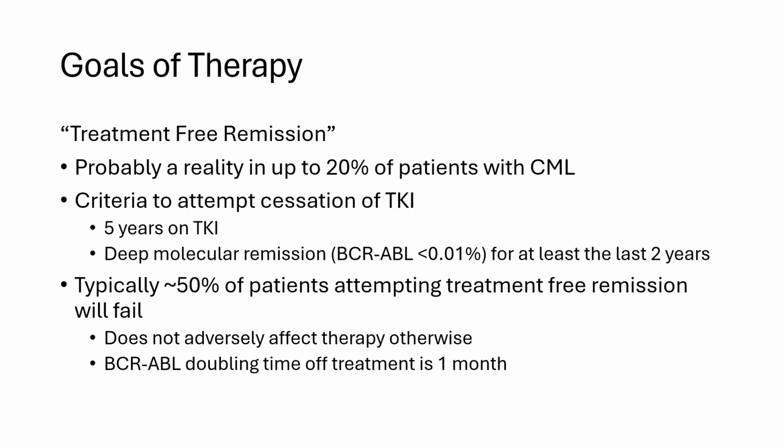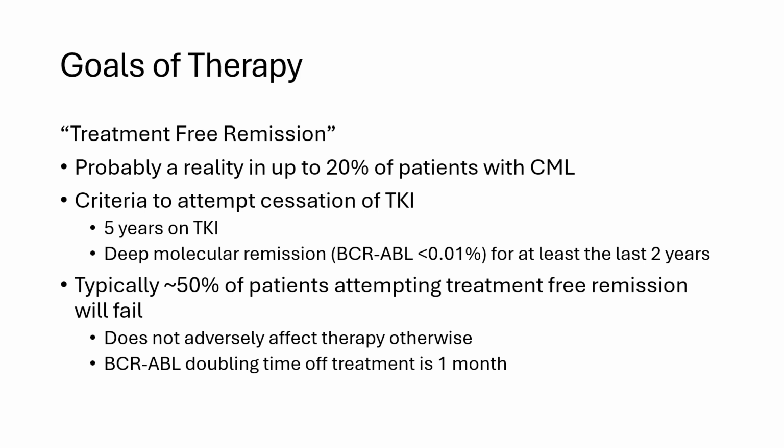Goals of therapy. So we want a treatment-free remission. About 20% can get up to that. The criteria to attempt to cease the TKI is you have to have been on it for 5 years, and for the last 2 years you have to have had a deep molecular remission, defined as the BCR-ABL less than 0.01.